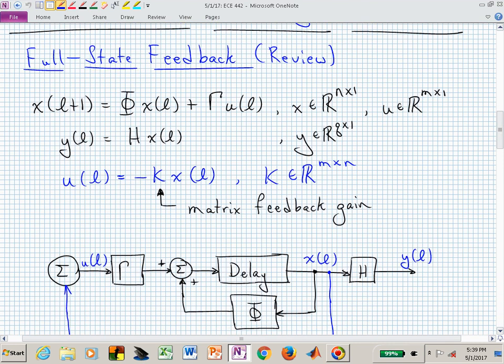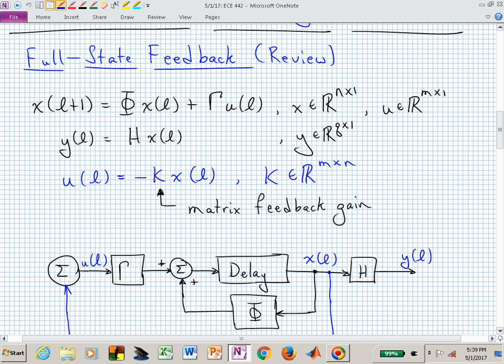Here is our full state feedback review from the previous lecture. We have the system represented in state space form, and this vector x is n rows tall, 1 column wide. The number of inputs u can be more than 1. It could have m such inputs.